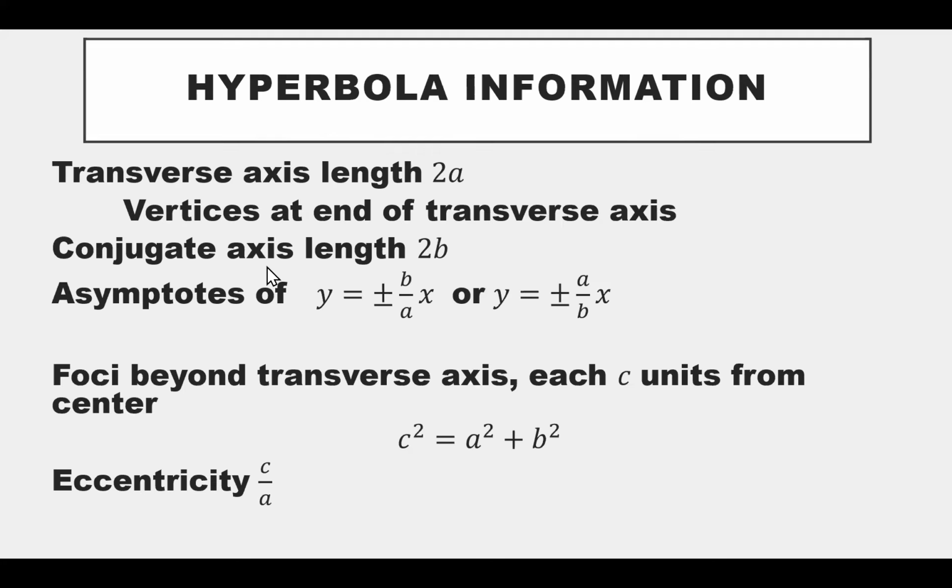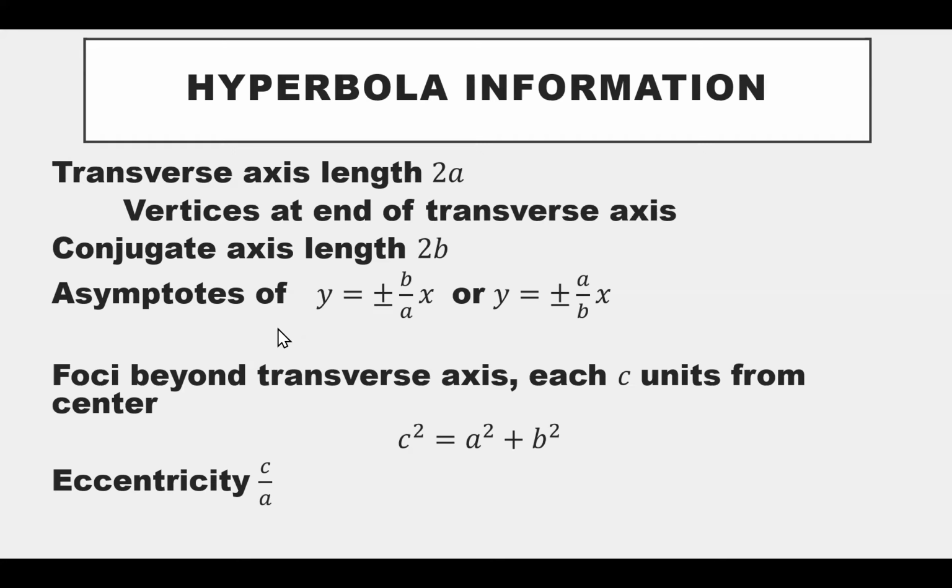The transverse axis is length 2a, and the vertices are at the end of the transverse axis. The conjugate axis is length 2b, and there are no points at the end of the conjugate axis. I should say no points on the hyperbola at the end of the conjugate axis.